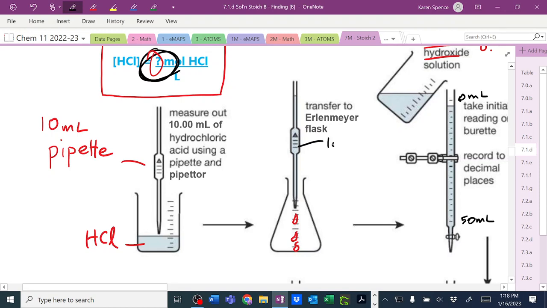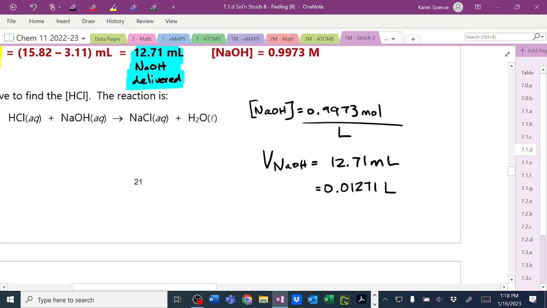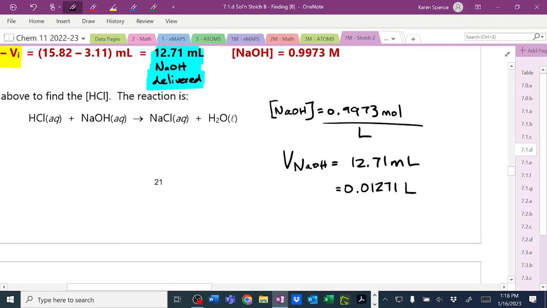This was 10 milliliters of HCl. So I know that the volume of the HCl is 10 milliliters, and I know that the concentration of the HCl is what I do not know.